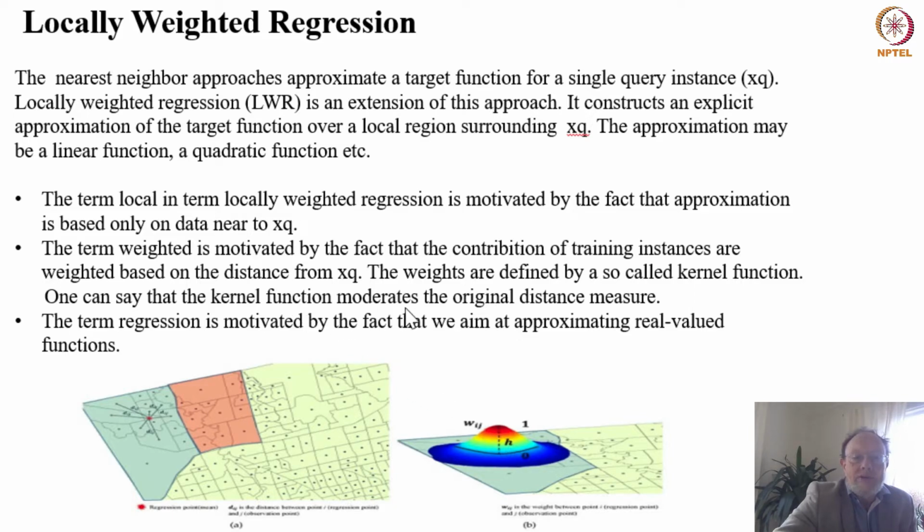One can say that the kernel function moderates the original distance measure. That's the way we're looking at it. Regression, of course, is natural because we still aim at approximating a real-valued function. And this function could be of any kind. It could be linear, it could be quadratic, etc.